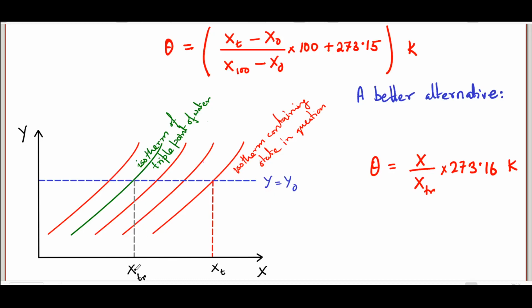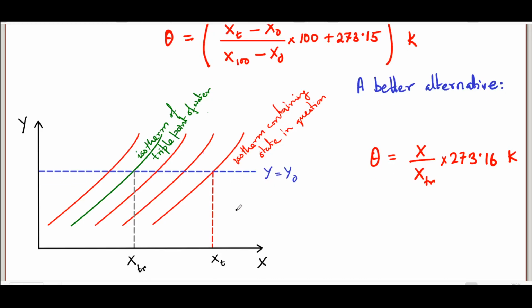We measure that particular value of the thermometric parameter, the so-called XTR, and of course measure XT, the isotherm, which contains all states that are in thermal equilibrium with the state whose temperature you are trying to measure. And then use a much simpler resulting formula here: X by XTR is the empirical temperature.